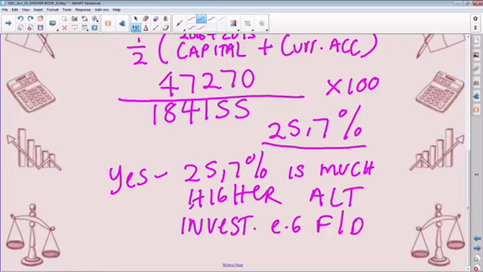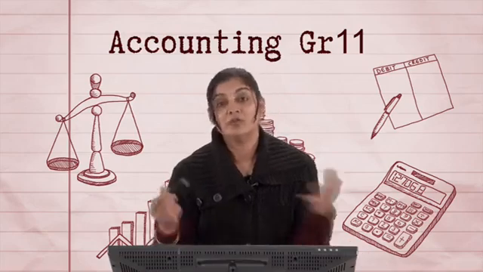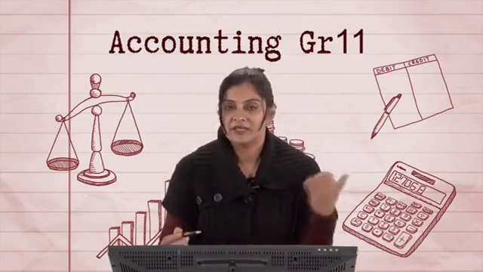You guys can write this out properly. Remember, prime at the moment is 10.5%, and banks will give you less than prime. So we can clearly see that the 25.7% is much higher than the interest you would earn in a fixed deposit. Another very important question, and hopefully you are making notes and paying attention.